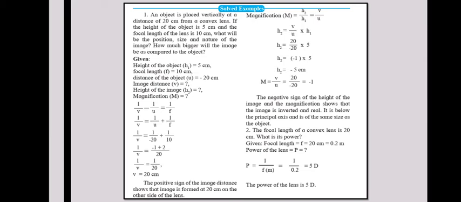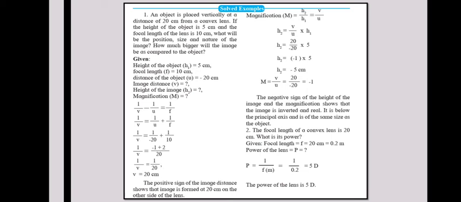And if it is below the principal axis, then it is an inverted and real image. It is below the principal axis and is of the same size as the object. See, h1 was 5 centimeter, h2 is minus 5 centimeter. The difference in the sign shows that they are on the opposite sides of the axis.